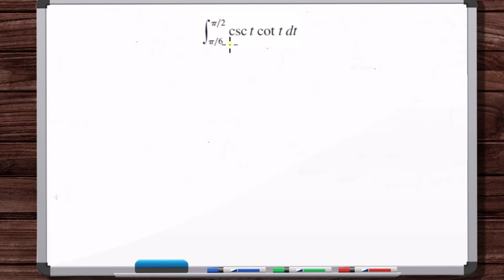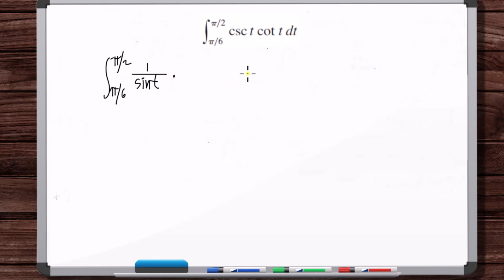Okay. Cosecant t, cotangent t. Maybe we can simplify this. So cosecant is 1 over sine of t.